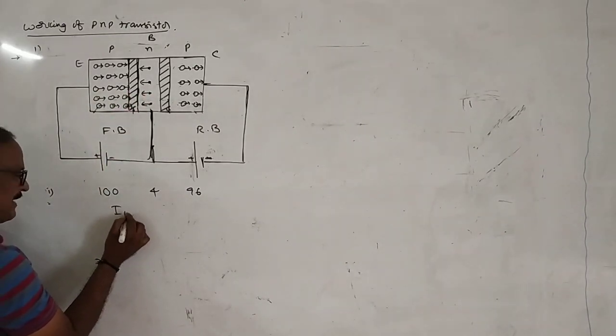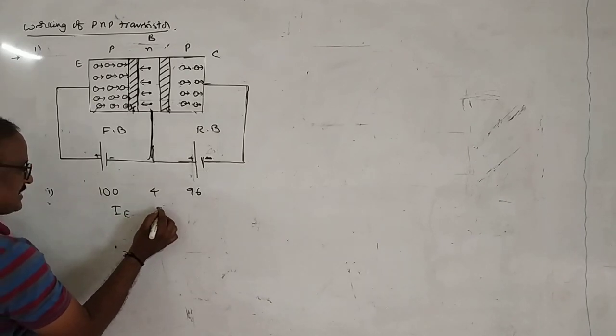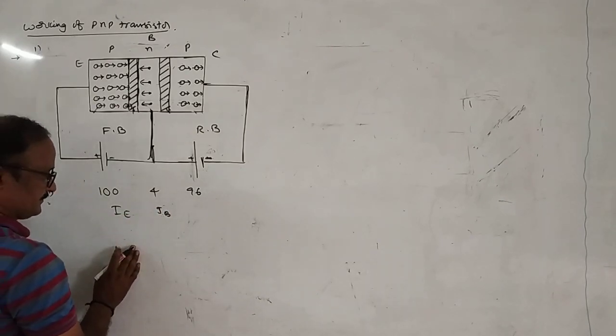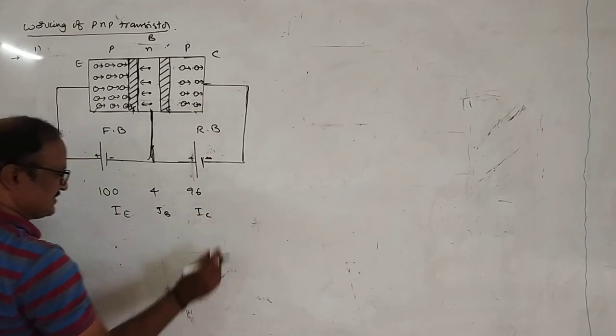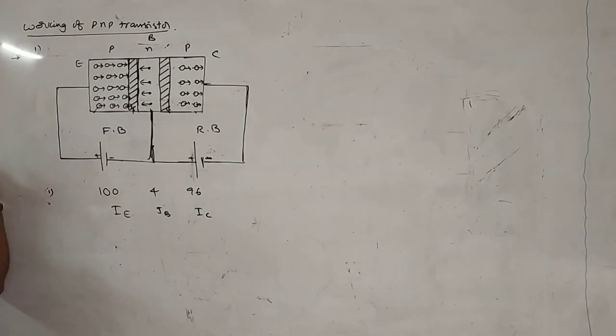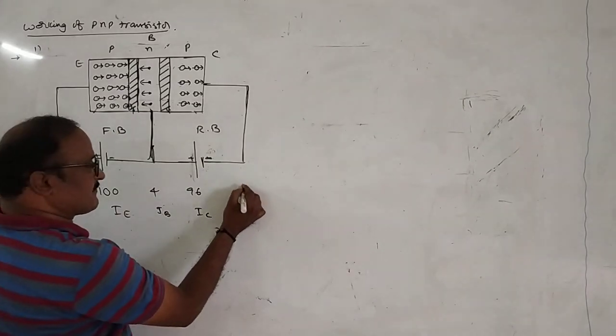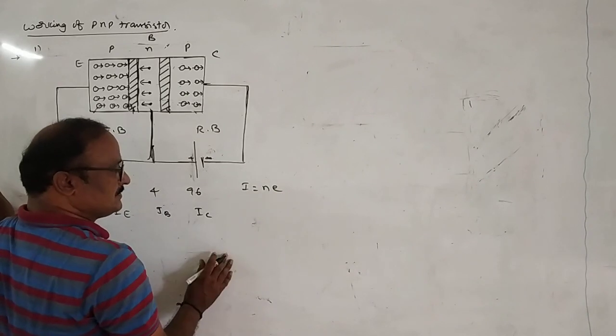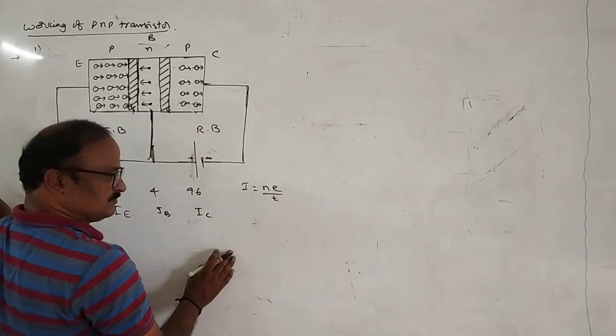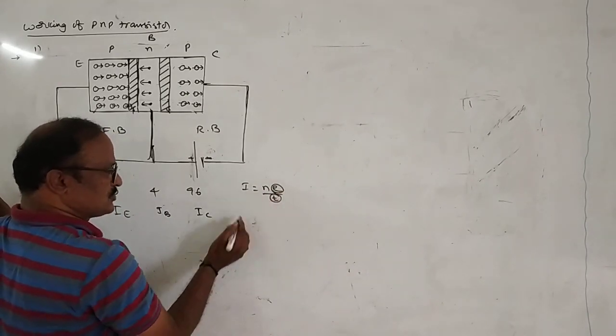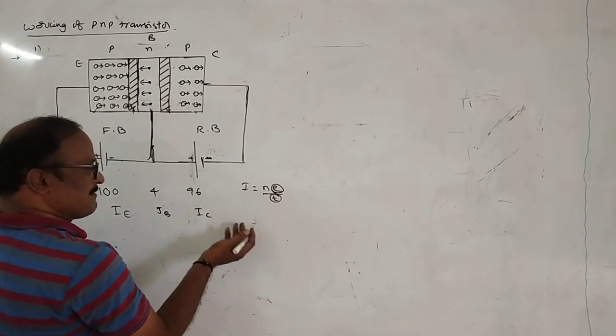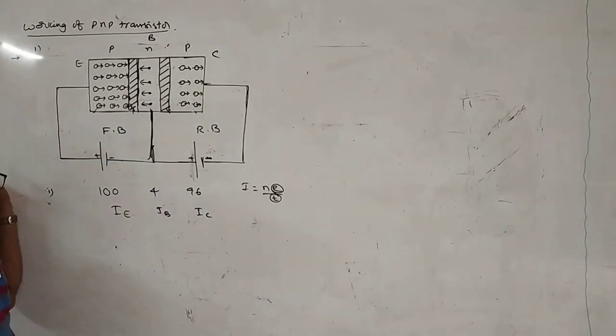Emitter current is represented by IE, base current is IB, and collector current is IC. Suppose all these electrons and positive charged holes have the same charge Q, 1.6 into 10 power minus 19. Generally, current I is equal to N into E by T. E is the same, T is also the same, meaning current is directly proportional to the number of charge carriers.